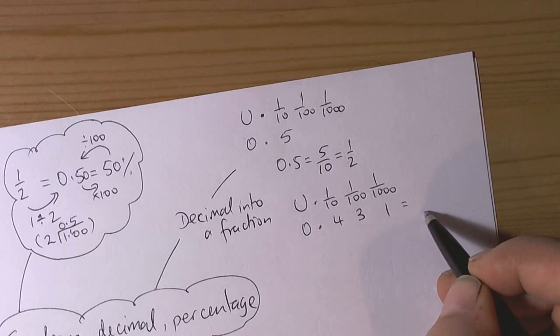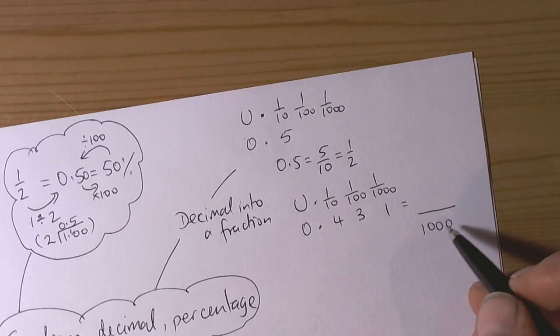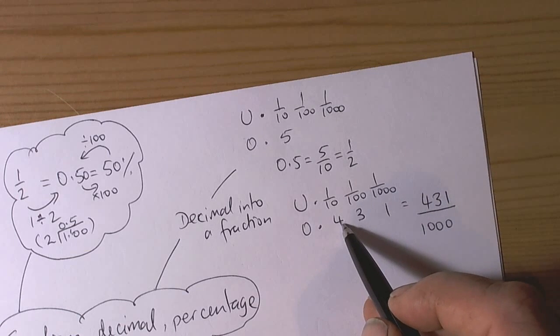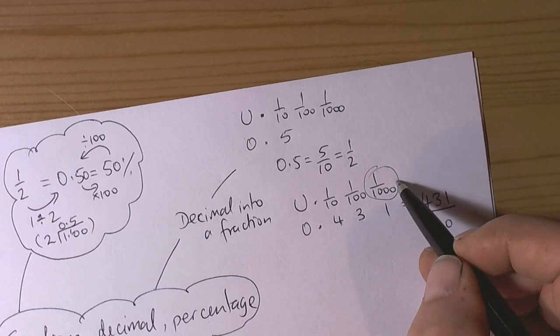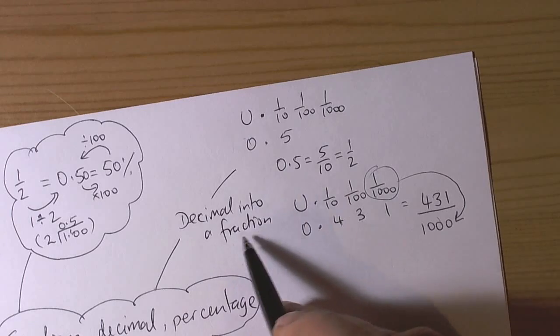So I recognise then that this can be broken down into so many thousandths, and it happens to be 431. So 431 thousandths because of the smallest place value. So that's the way to get decimals into fractions.